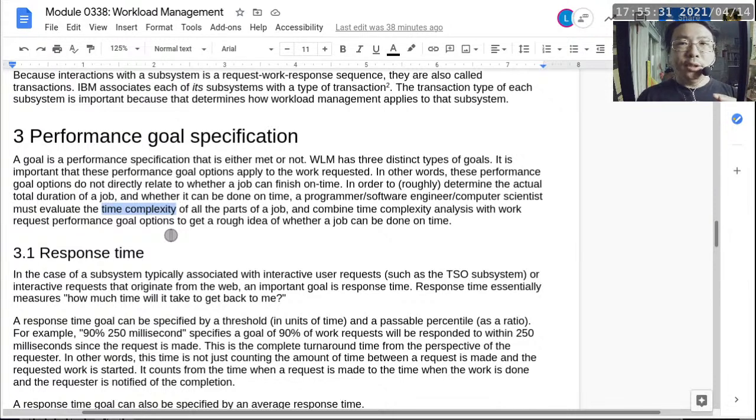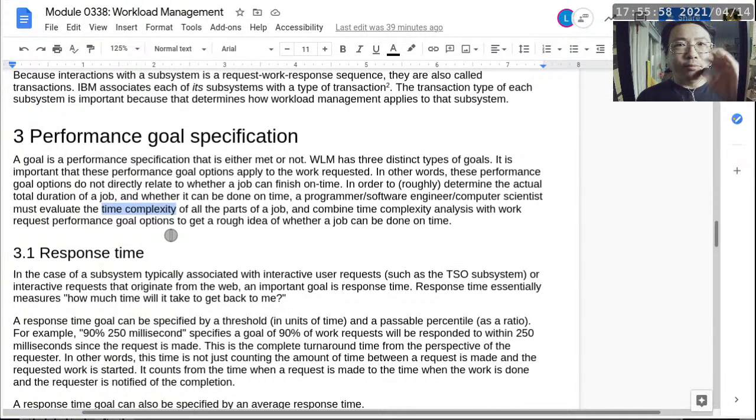And then you have the usual linear complexity. Linear complexity means if you double the size of the problem, it will take twice as long. If you triple the size of the problem, it will take 3 times as long. Those are called linear time complexity. And then there is logarithmic time complexity, where you can double the size of the problem and it only increases the amount of time by just a little bit.